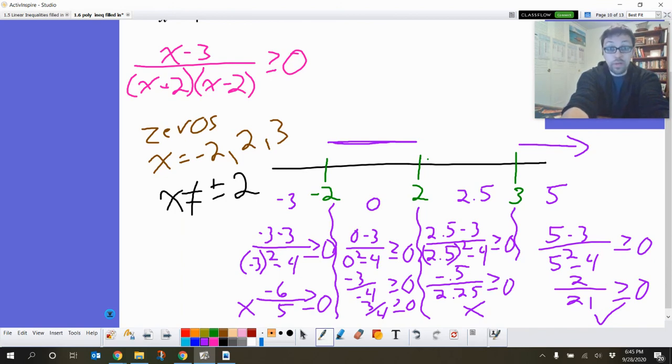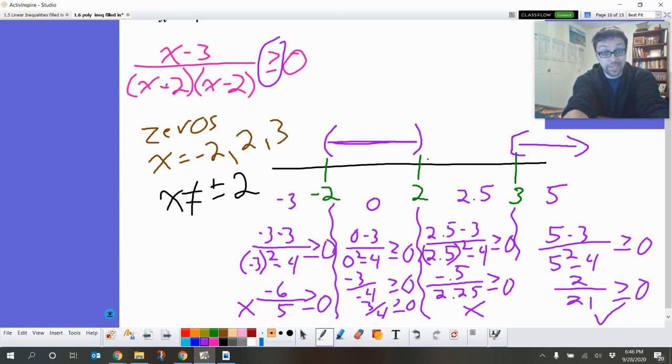Now, what are we going to put on these things? Equal to. So we go equal to, and then we would normally put brackets on here, but look back at this. This said, no, no, no, not in my house. Not in my house are you going to bring in that plus or minus 2. So parentheses on those two.